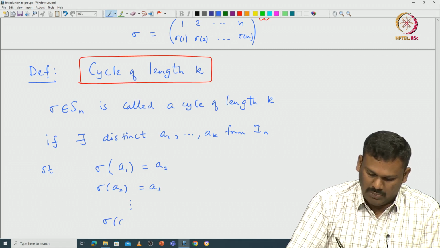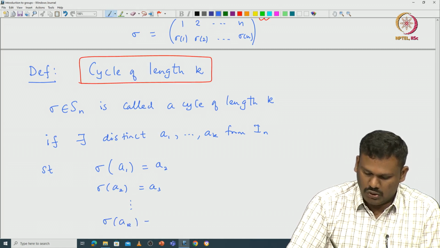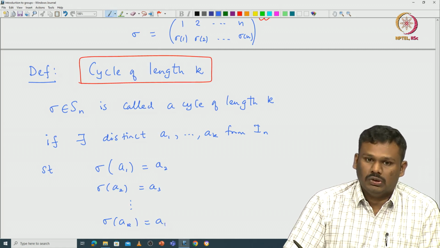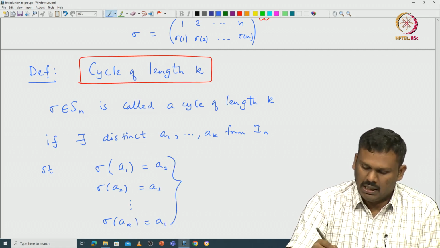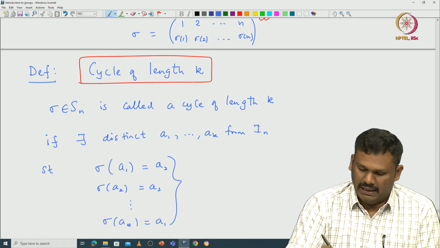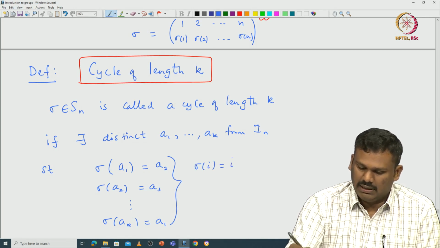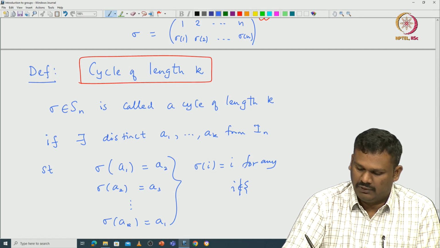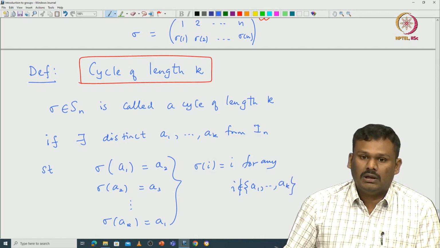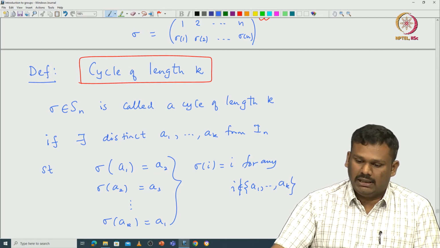Then when you apply sigma on ak you get back a1. And if you take any other i outside of a1 through ak, then that should be fixed. So it just cyclically permutes.